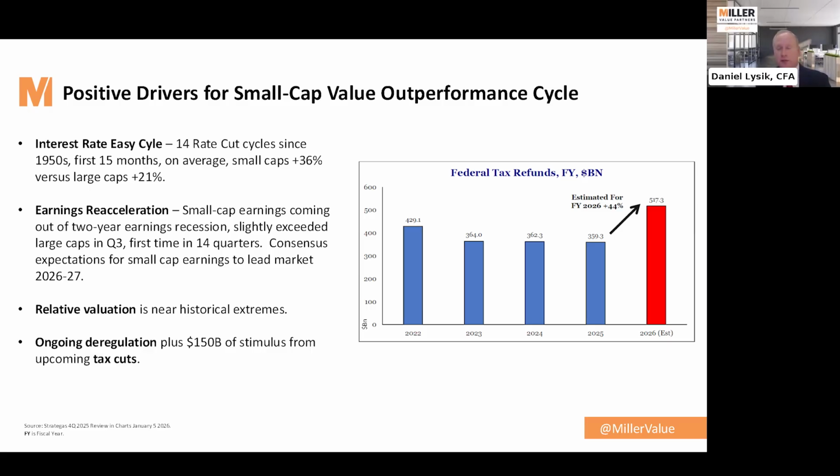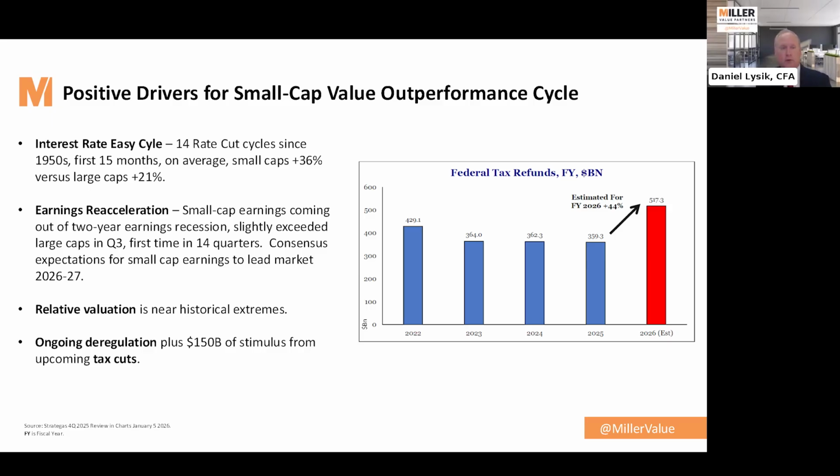Earnings are also re-accelerating for small caps. We're emerging from a 2-year earnings recession for that portion of the market. During this past quarter, the third quarter, small cap earnings growth slightly exceeded large cap. It's the first time in more than 10 quarters, and consensus expectations are for that to continue in 2026 and 2027.